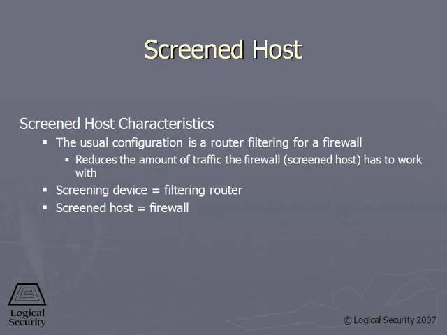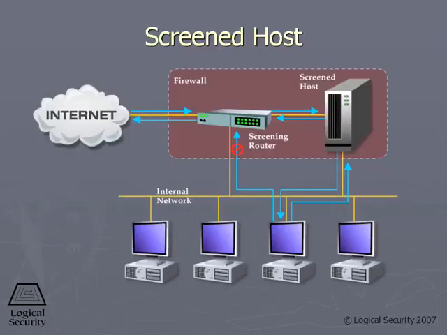Now, a screened host is actually different. It provides a little bit more security, where you have the router, the screening device, and that's usually a packet filtering router. So you have your screening device, and then you have your screened host, and it's providing 2 layers of protection. So in a screened host architecture, it's not just one layer that's protecting before you get to the internal network.